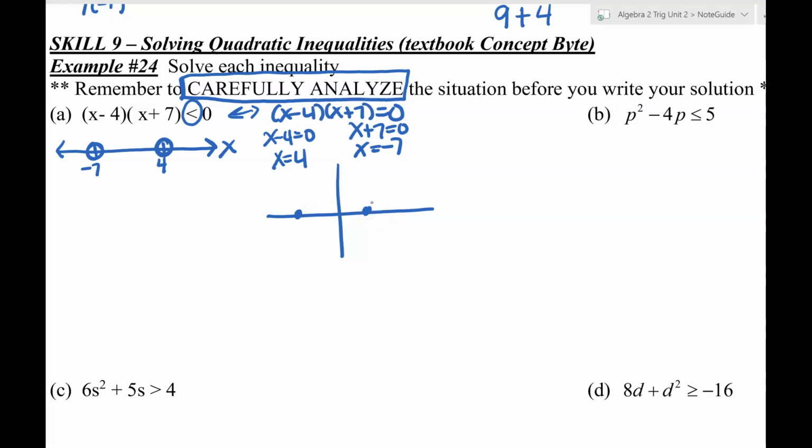And think about how quadratics behave. They either behave like this, or they behave like this. So for every x in between the points, you're getting the same kind of y. You're either getting a positive y and it's making the portion up here, or you're getting a negative y and it's making the portion below.